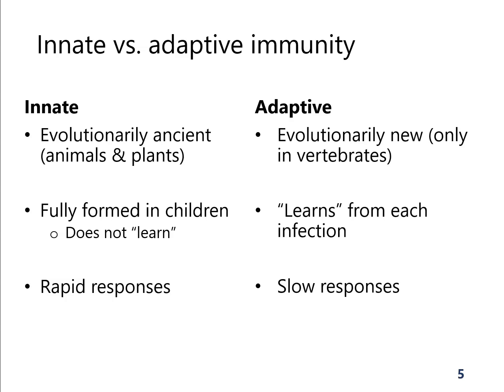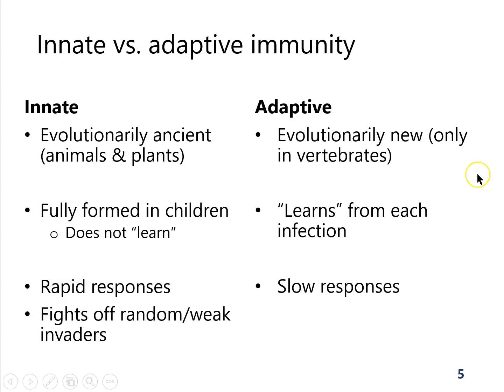And the other thing I want to point out is that the innate immune system really is for fighting off weak potential invaders. So bacteria that are not really adapted to causing disease. They don't specialize in that. They do other things.